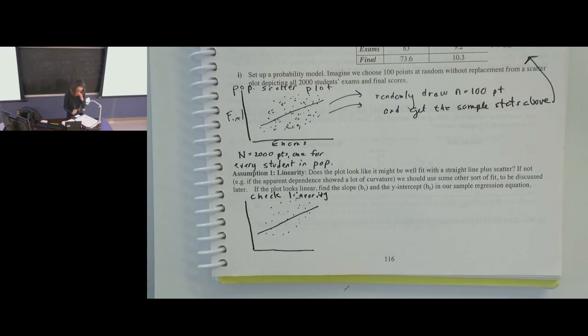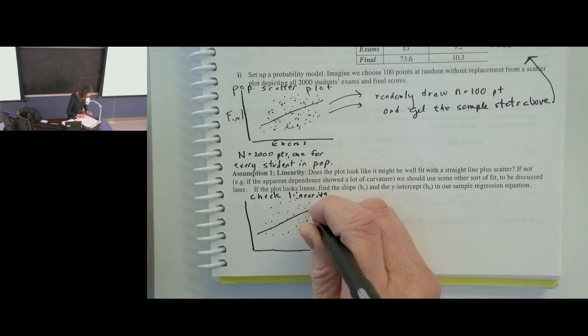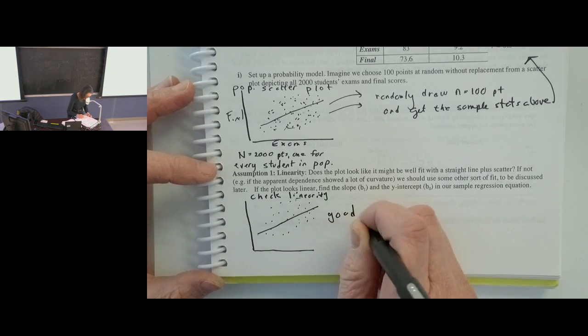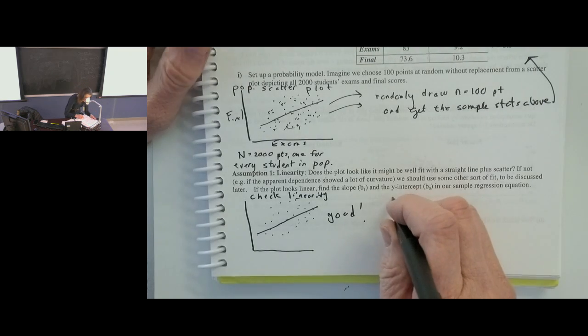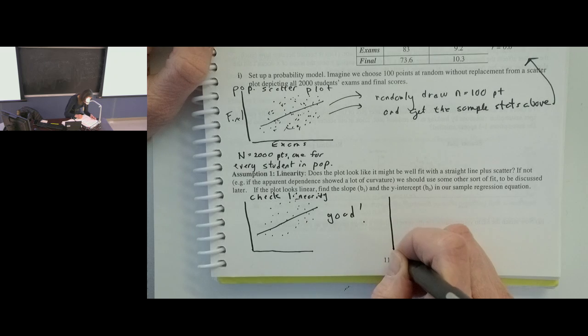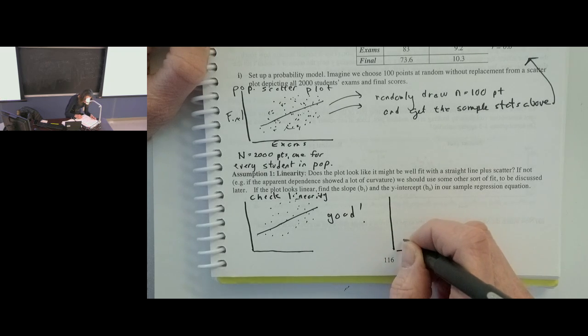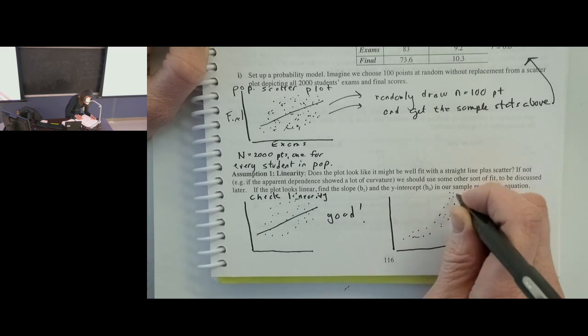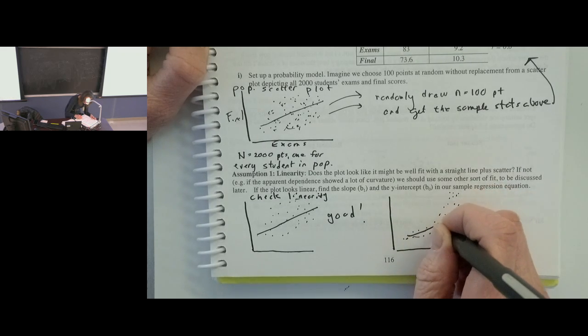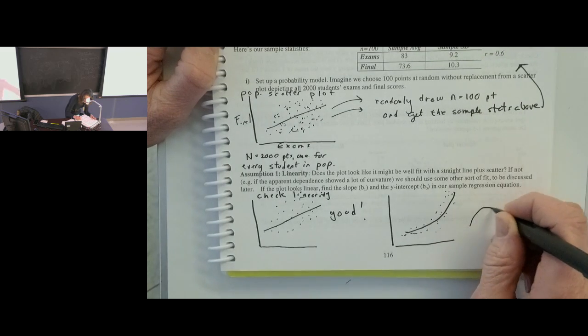What do I mean by that? This is good. What would be bad? Bad would be something like that, and that happens a lot. You could see something that clearly followed a curve. We wouldn't want to fit a line to something like this, or something like that.